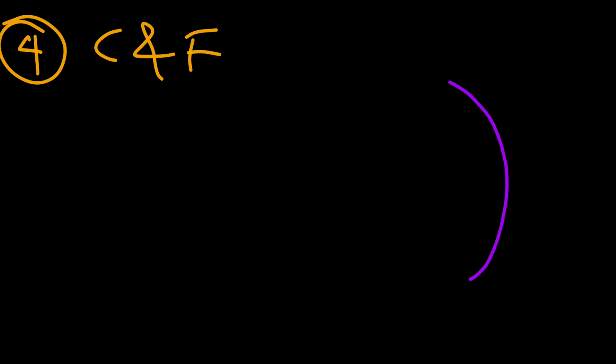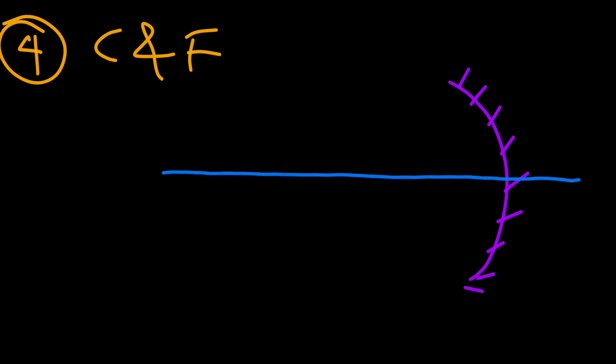Now the object is in between C and F. Where is the object now? Object is between C and F. Okay, let's draw an imaginary line again. Let's mark the points P, focus, and center of curvature.